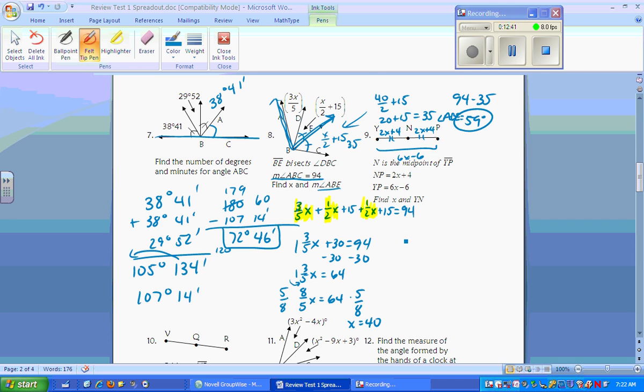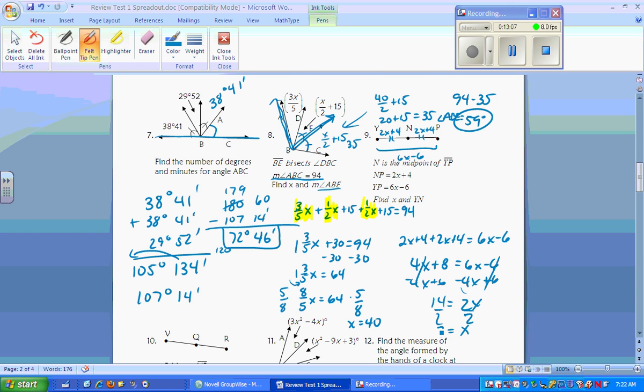So we have 2x plus 4 plus another 2x plus 4 equals 6x minus 6. So we look at 4x plus 8 equaling 6x minus 6. Let's do our algebra skills. Add 6 over. So we get 2x over here. We get 14 divided by 2.